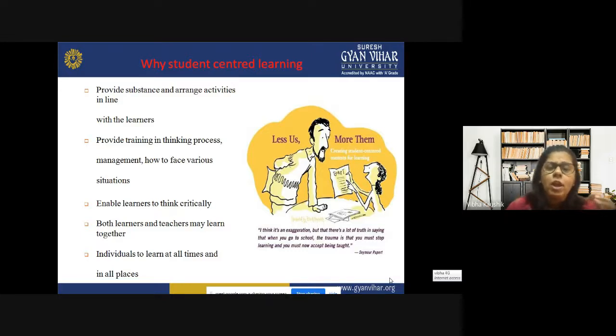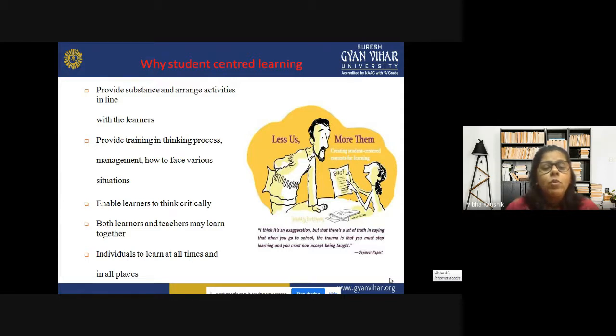When we are talking about the teacher-centered approach or the old traditional methods, here the learner is not equally involved in the learning process. But when we are talking about student-centered learning, both teachers and learners are involved and learn together.